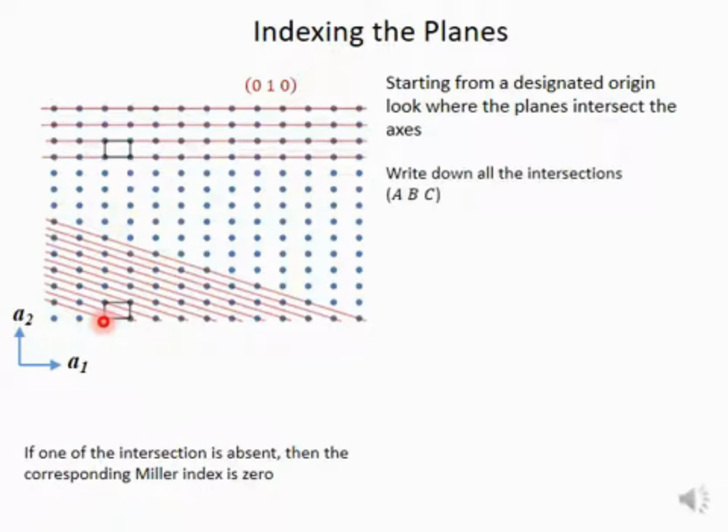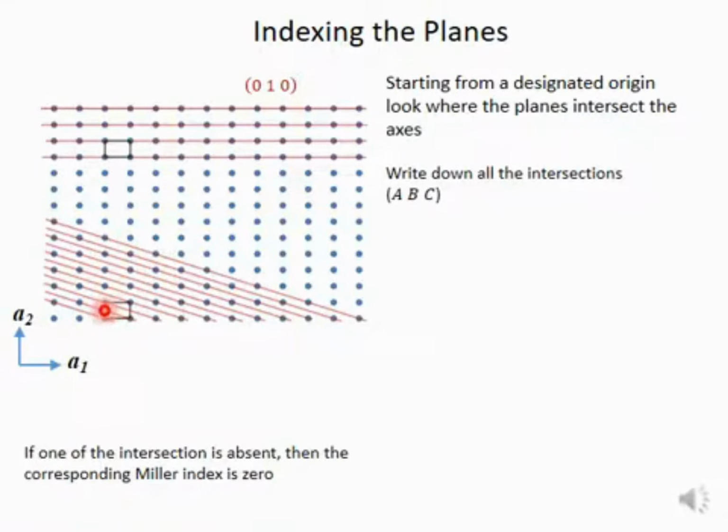Look at another set of planes and calculate the intersections. You move along a1, and the set of planes intersects a1 at distance 1 along a1.